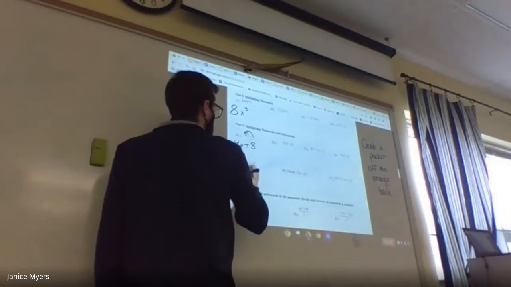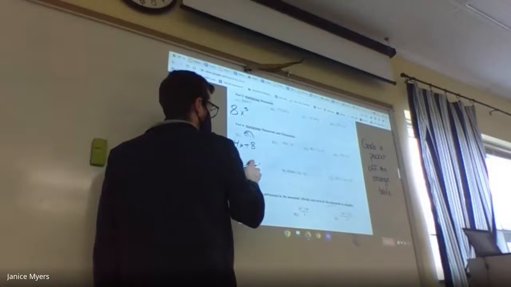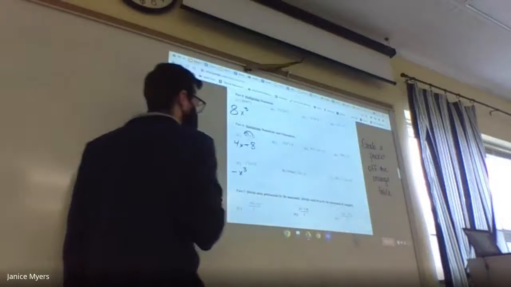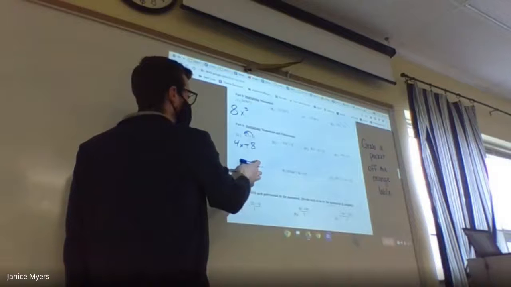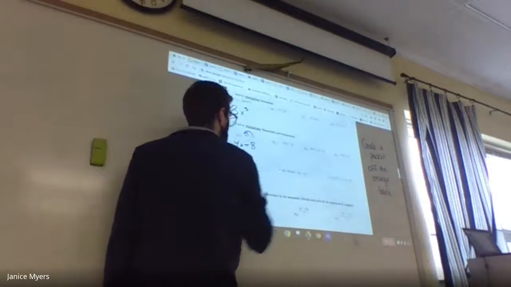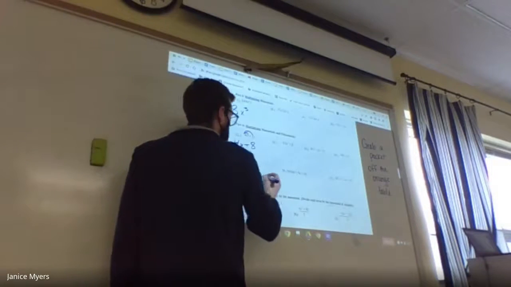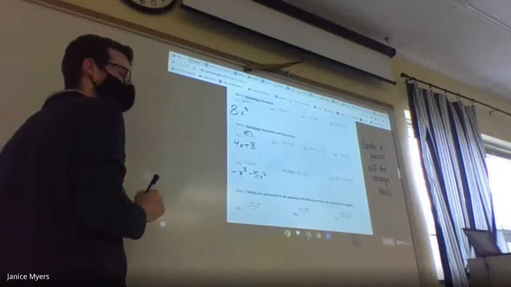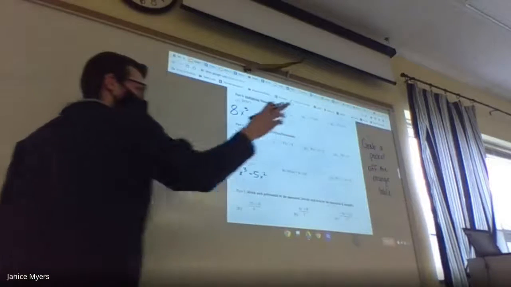You're multiplying, you're not dividing here, so you're going to add the powers together, which is x cubed. And then again, you'll move on to the second one. You've got positive 5 times -1 gives you -5. And then you don't have a variable there, so you just have -5. Does that make sense? So coefficient, and then follow your product rule.